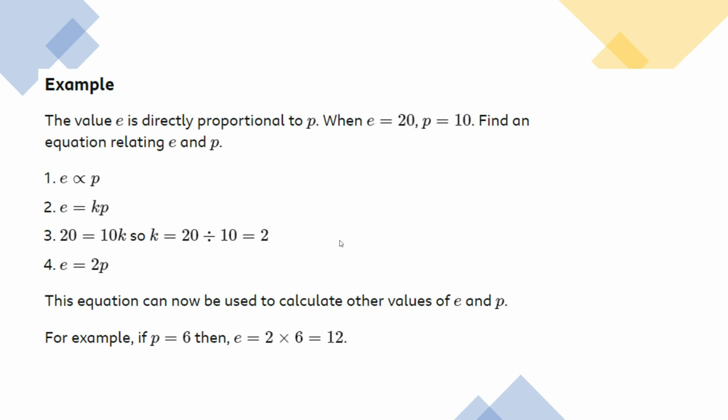Then you will get the final equation as E equals 2P. And that's the final equation which relates E and P. And that was a question based on direct proportion.